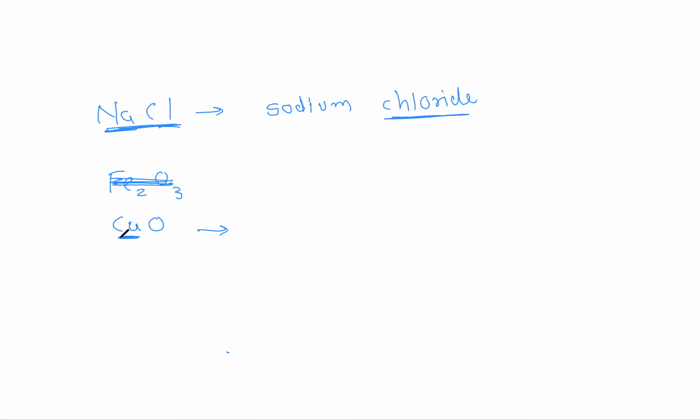In this case, Cu is a metal element, oxygen is a non-metal element, so copper is going to form a positive charge and oxygen is going to form a negative charge, right? For the metal element, Cu is copper, so we're just going to write simply copper. That is the name of an element. But I know in this formula, copper is carrying +2 charge.